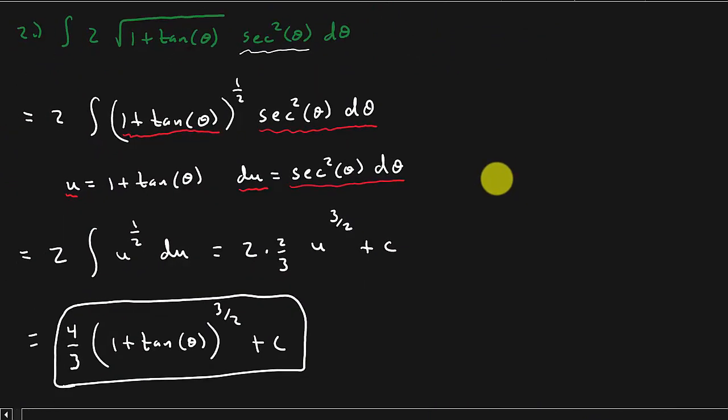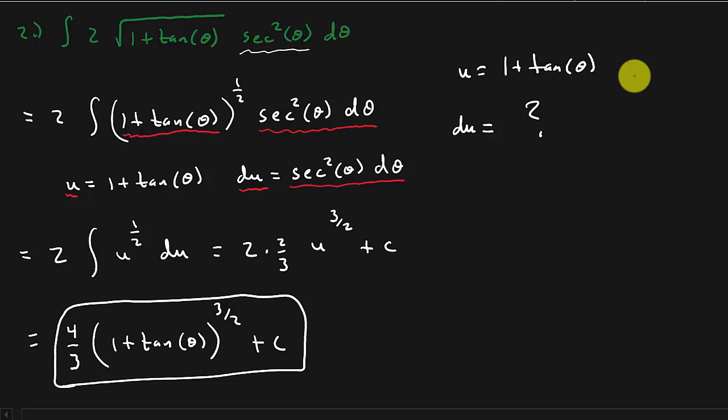Let's just look at this real quick. You see how I have this inside parentheses? Well, you knew from earlier, I'm going to let u equal 1 plus tangent theta. I'm going to let it equal what's inside the parentheses. But if you were to come across this problem back at the beginning of the course, du is, well, we wouldn't know that because we don't know how to find the derivative of tangent. We didn't know that back then, but now we do.